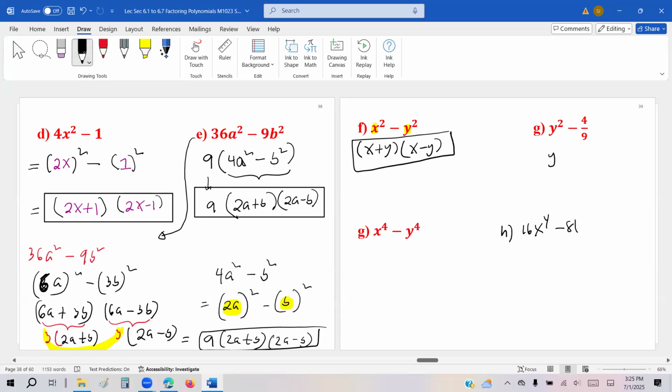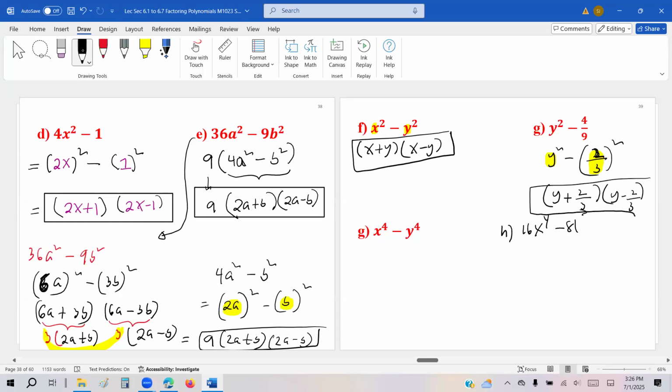Now this one is y squared minus (2/3) squared. So what are the 2 factors we have? The 2 bases we have now are y and 2/3. So y plus 2/3, y minus 2/3.